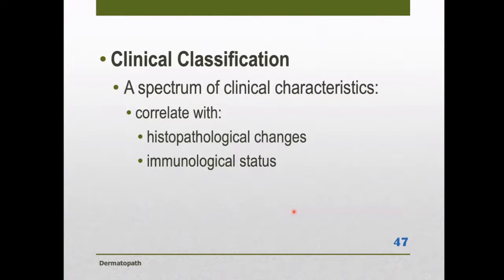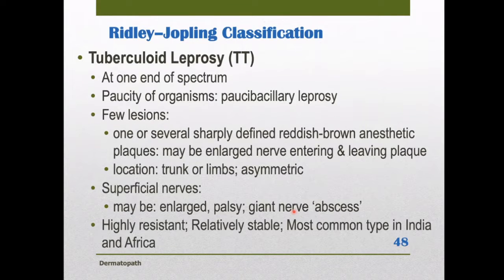If the immune system of the person is weak, then he will have many bacteria and larger lesions. So there is what they call the Ridley-Jopling classification, a classification proposed by these two people.